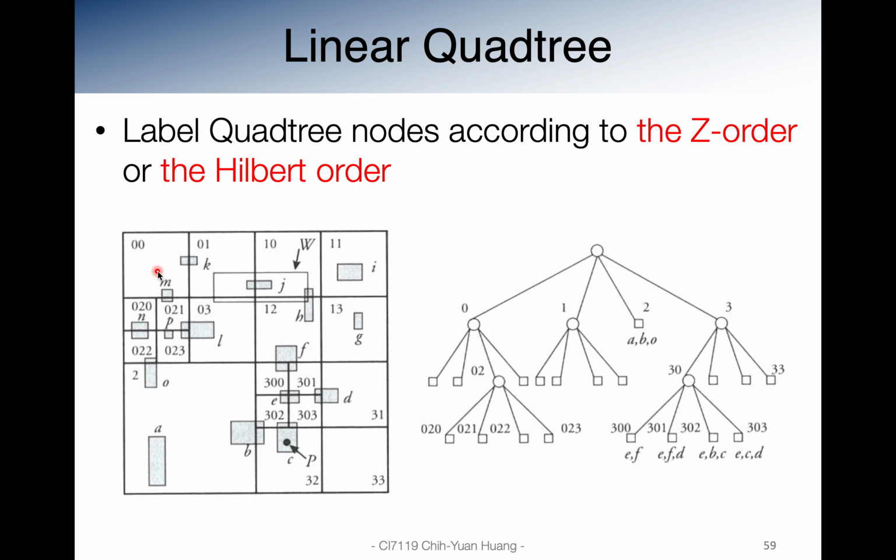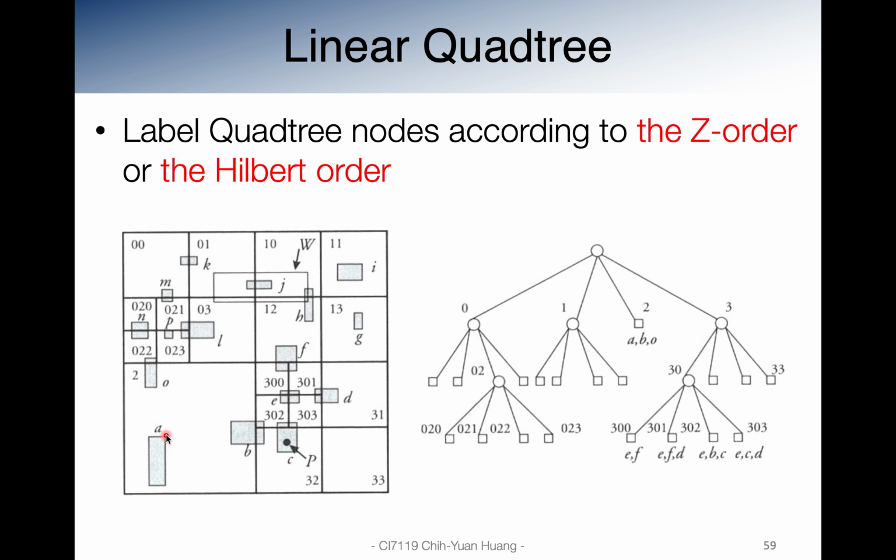As you can see here, this cell is 0 0, this cell is 0 1, and this cell is 0 2, 0 0 2 1, 0 2 2, 0 2 3, and this one is 2. If we take a look at the quadtree structure of this management, the original quadtree would look like this. The 2 is a leaf node because there is not much data over here.